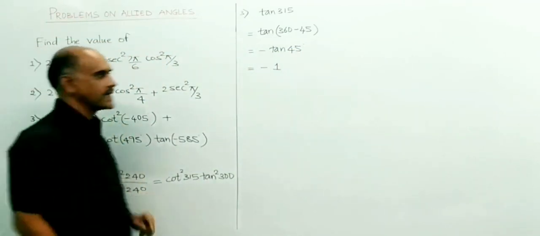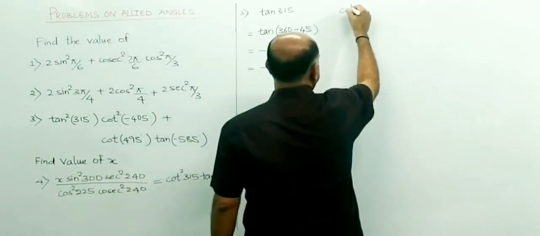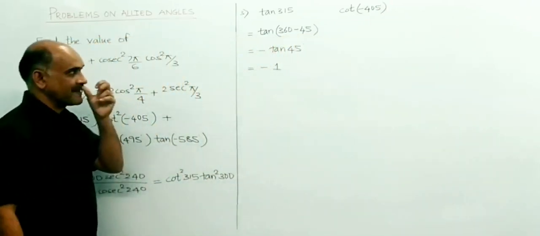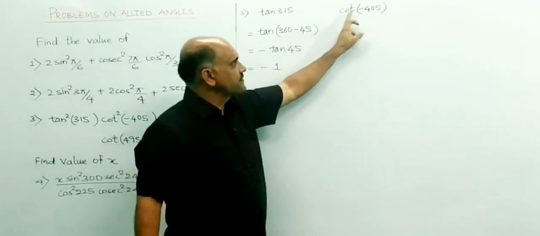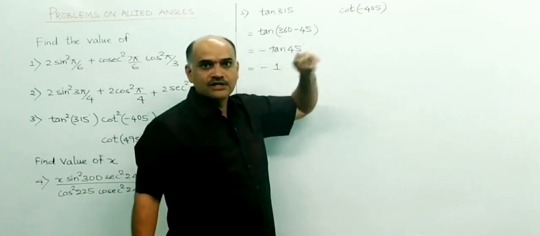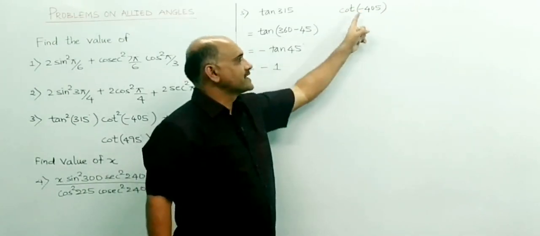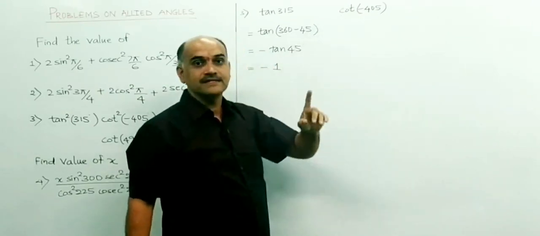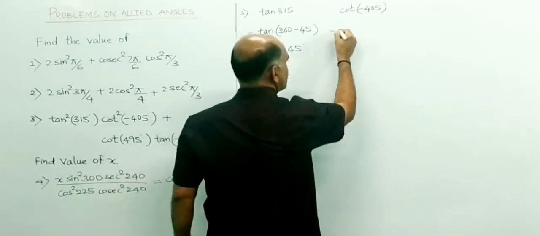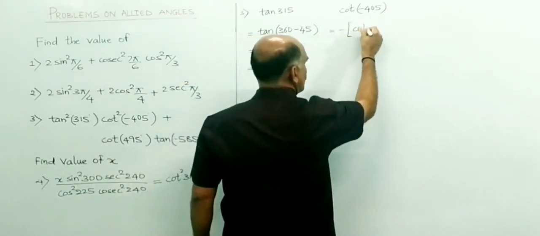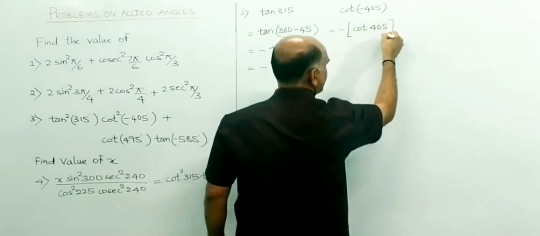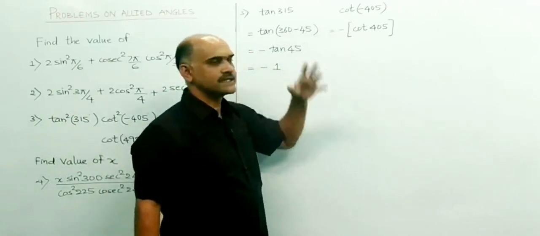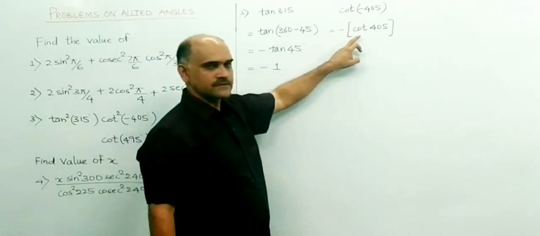Next, cot minus 405. Don't take square. Now, first you are required to solve the minus sign. In cos and secant, if minus is there, that is neglected or it goes. So, cot of minus theta is minus cot theta. So, this is minus cot 405. If you don't remember, students, you can go through my previous videos where I have explained this and solved problems on this also.